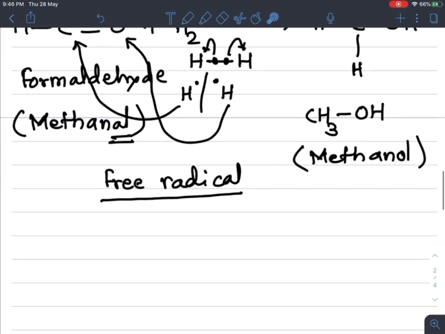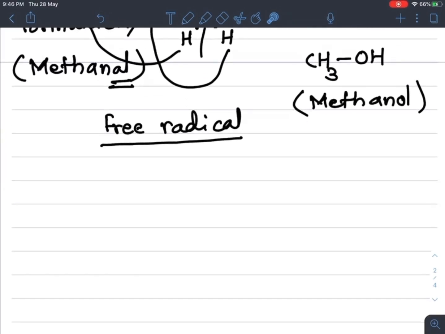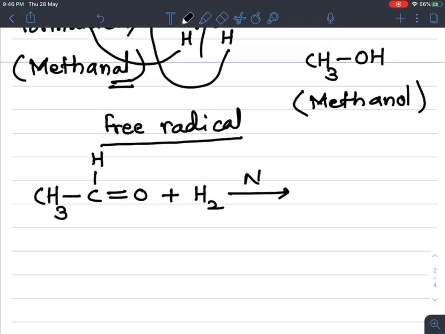If we take another example, acetaldehyde, what is its formula? The acetyl part, that is a methyl group, is attached to the aldehyde group, a CHO group. When it undergoes reduction with hydrogen gas in the presence of finely powdered nickel, the same mechanism takes place. Homolytic fission takes place and the pi bond breaks.